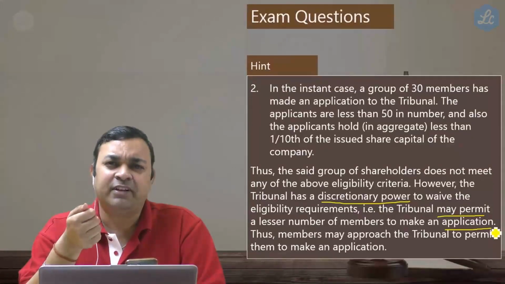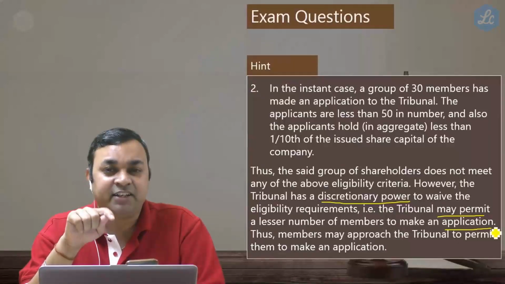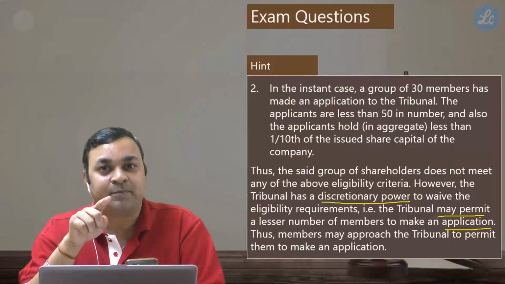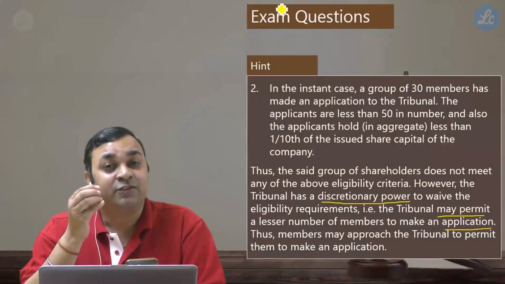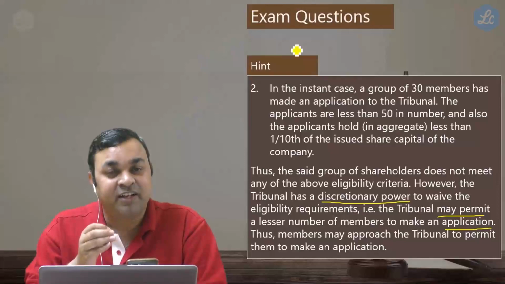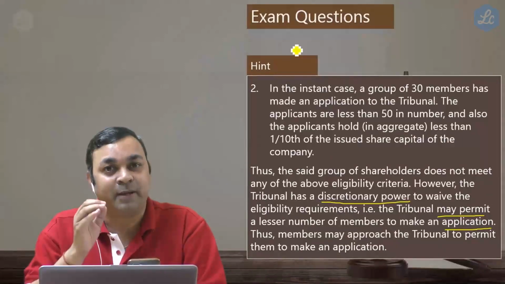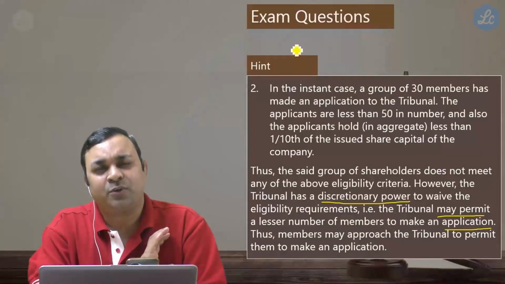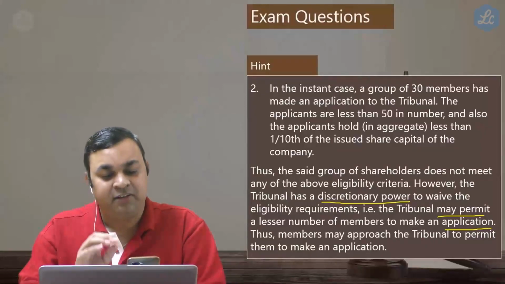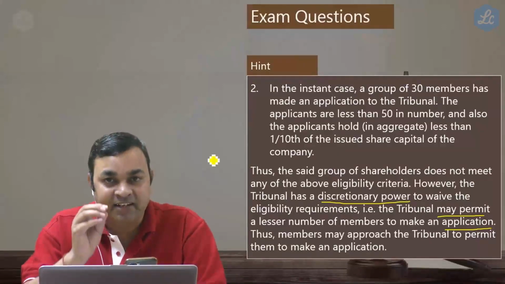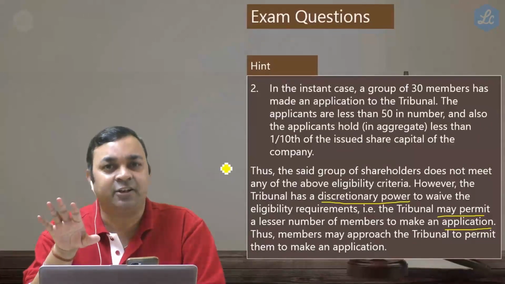If that is fulfilled also, and the members have an issue with respect to dividend, that the board of directors are earning huge profit yet not declaring a dividend, the tribunal will definitely reject the application later on. But we are not going to consider this one. We just need to refer to section 244 to see whether the application is maintainable or not. Later on the tribunal will reject; this is a different kind of concept.